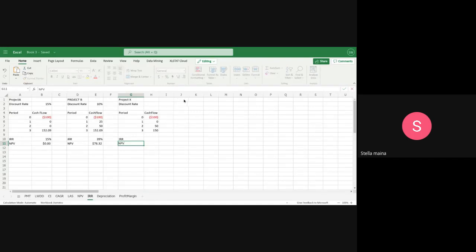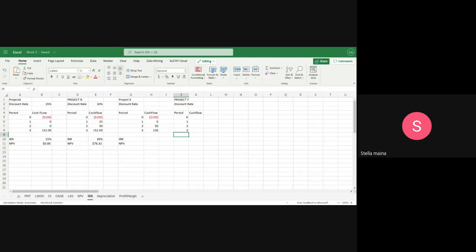So let me also write the next project, Project Y, discount rate, and then have the period and the cash flow. So 0, 1, 2, 3.